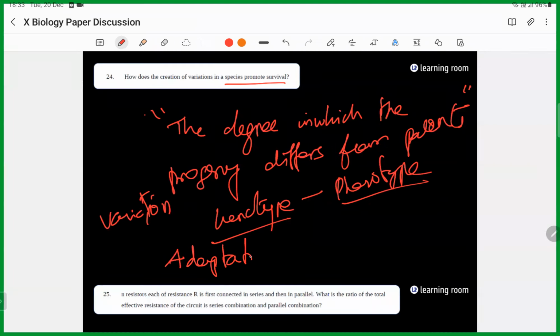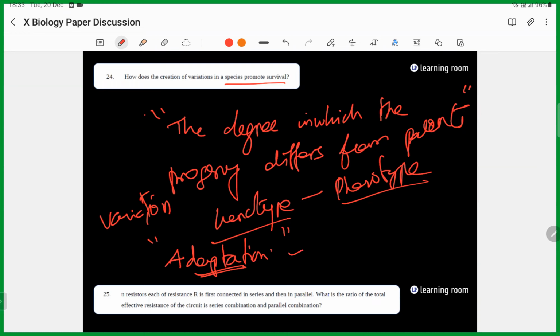For example, a new variation of bacteria that can withstand high temperature can promote survival. Variation is connected with adaptation and survival of the fittest.